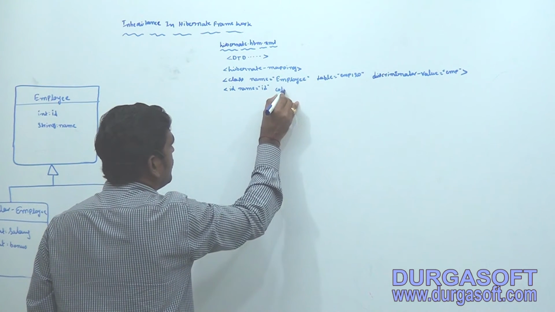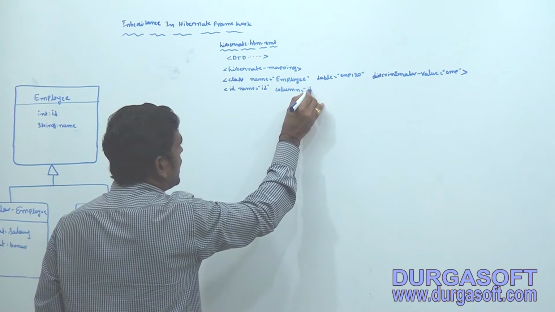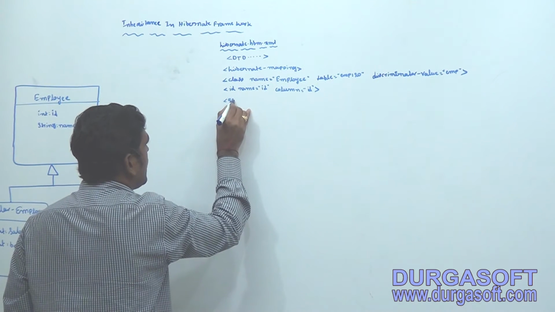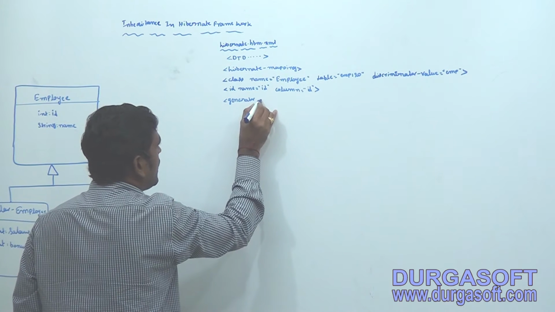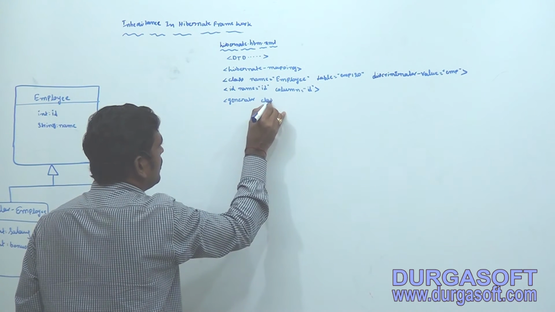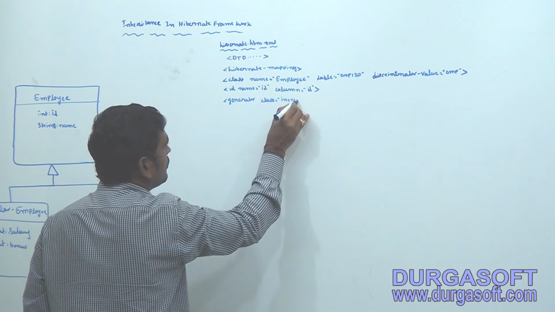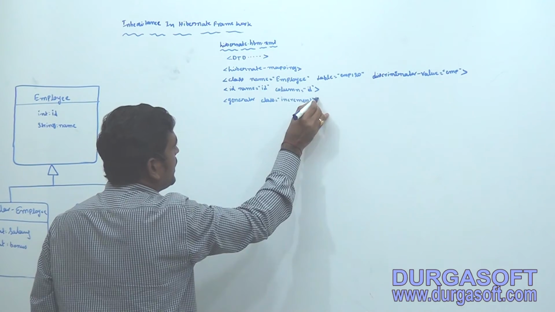Column is equal to ID. After that, generator class. Generator class is equal to increment.